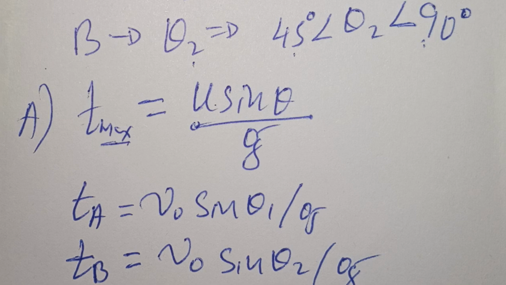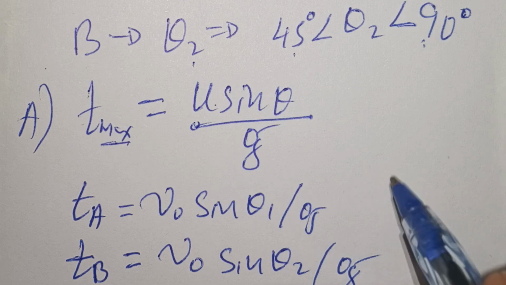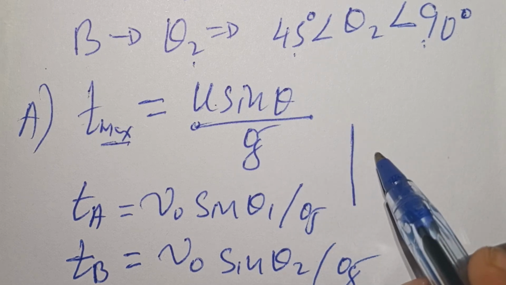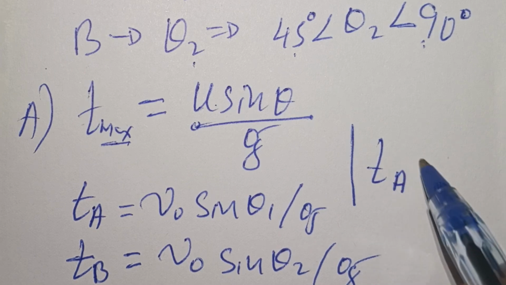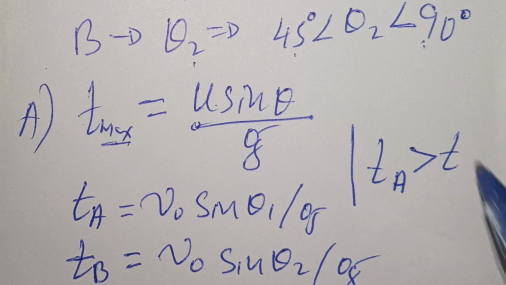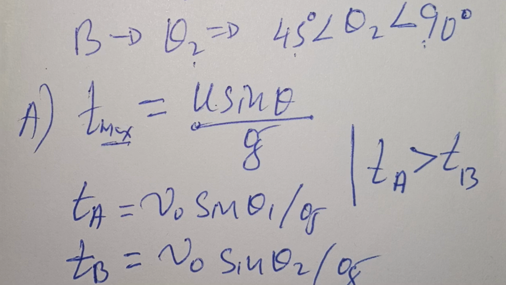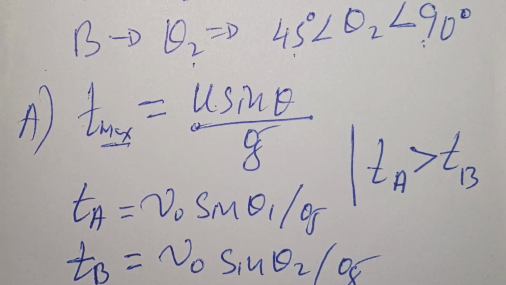So the alternative says that the time to reach the maximum height for ball A, that is T maximum of A, is greater than T maximum of B. So which ball takes the longer time to reach its maximum height? We can compare from the given.